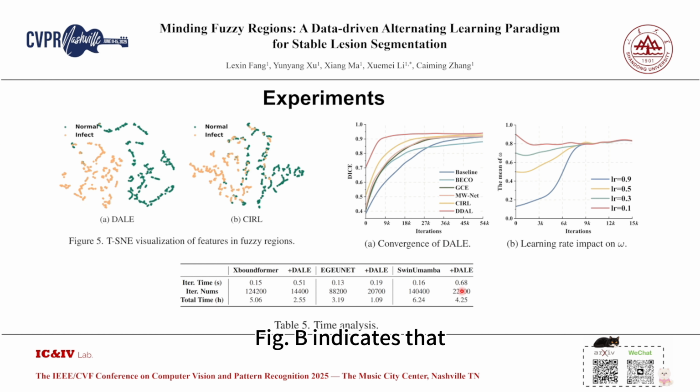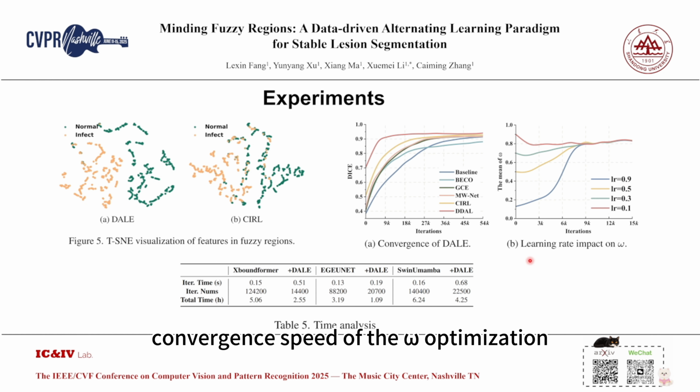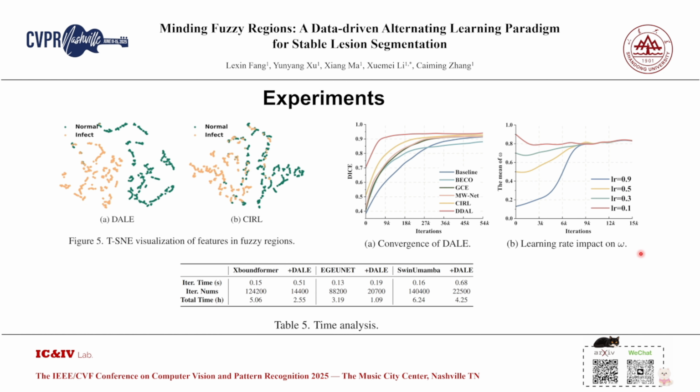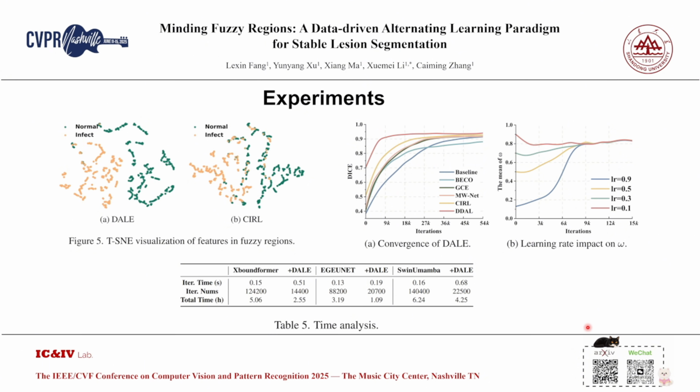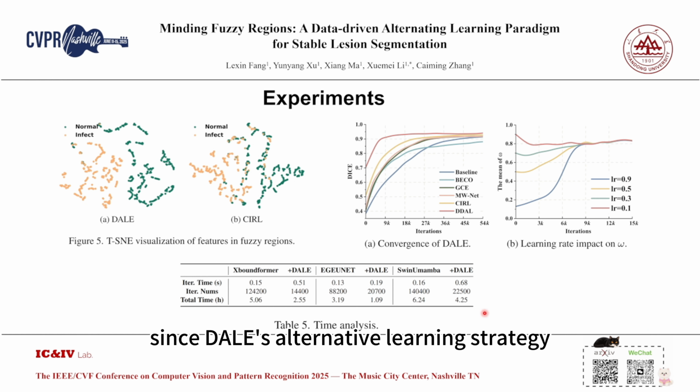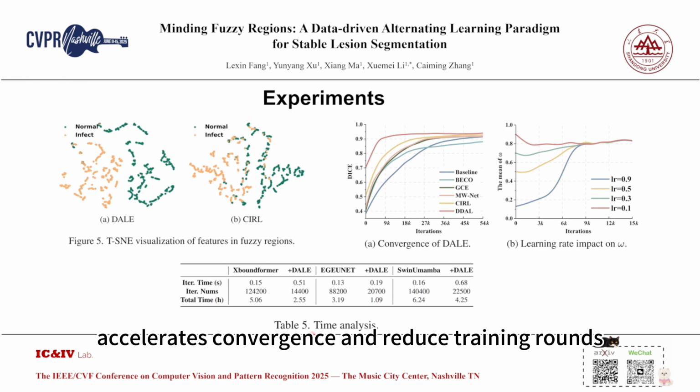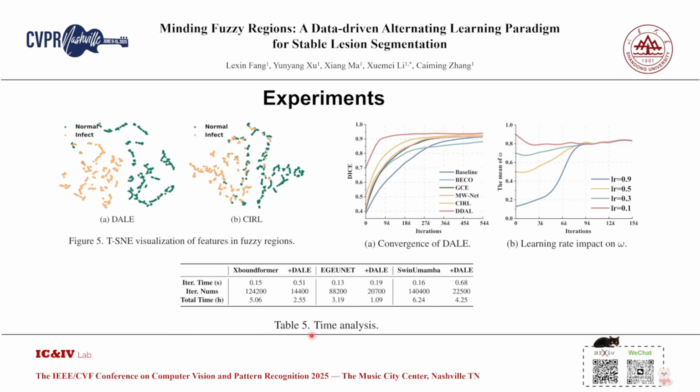Figure B indicates that different learning rates affect the initial convergence speed of the omega optimization, but have little effect on the final performance. Table 5 shows that since DALE's alternating learning strategy accelerates convergence and reduces training runs, the total training time is reduced.